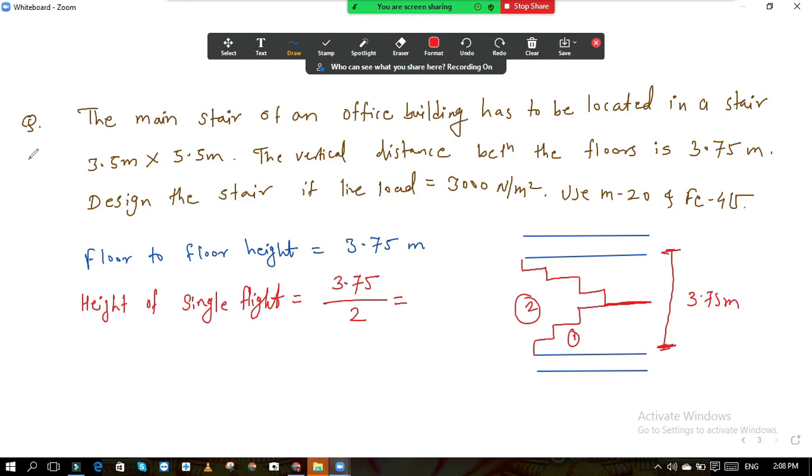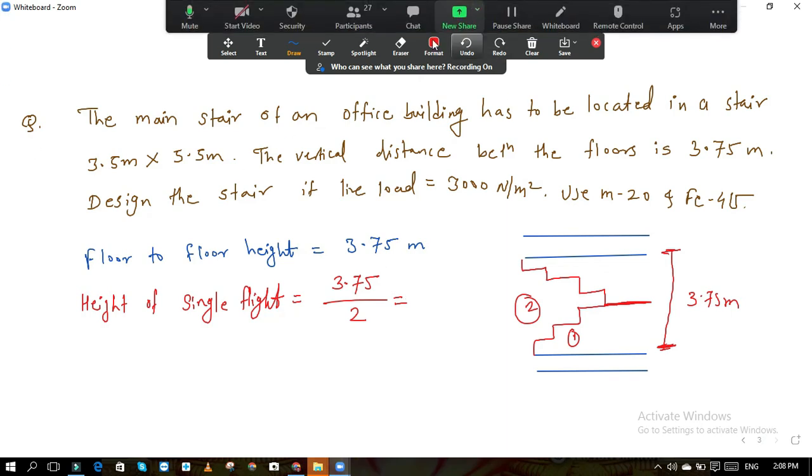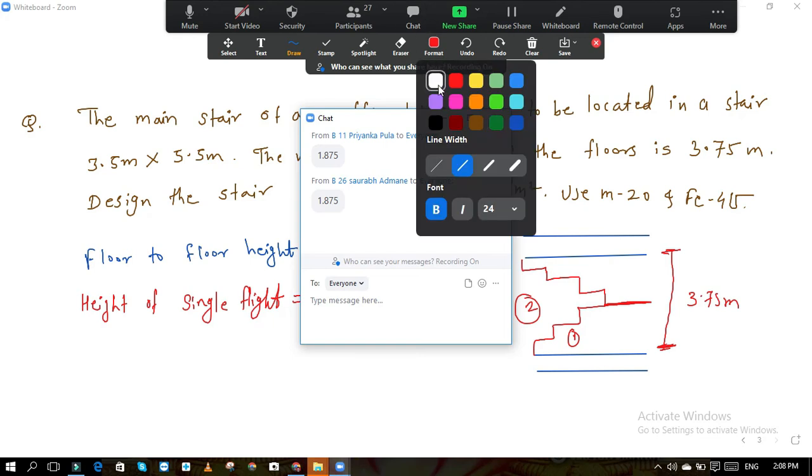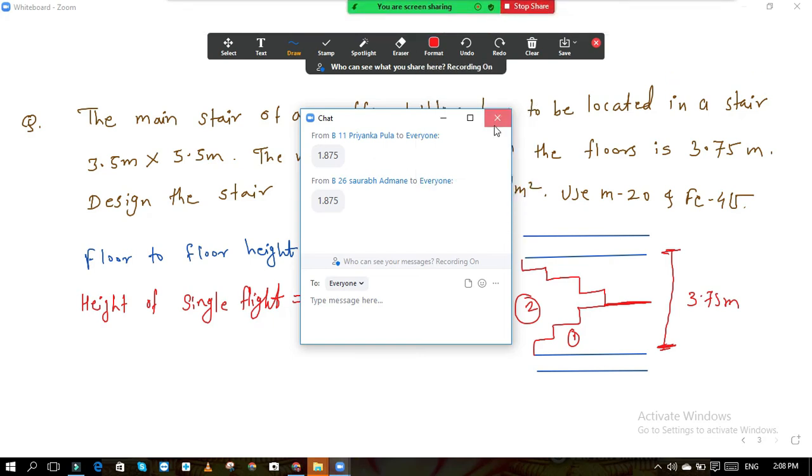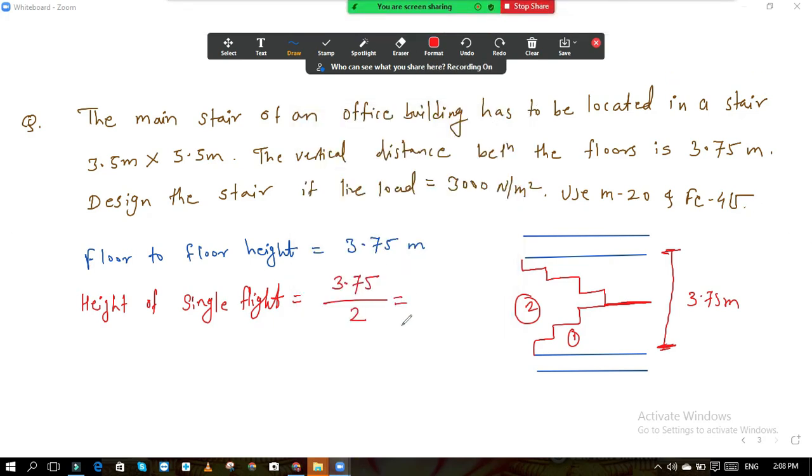So please calculate it. Let me know the answer. And post your answer in the chat so that everybody can see this. It is 1.875. Okay, this is 1.875 meter. This is the height of a single flight.